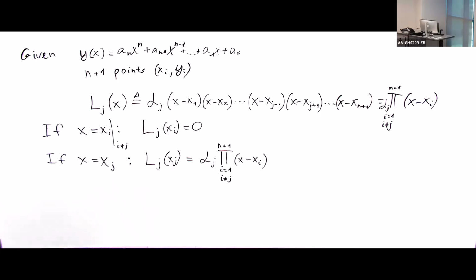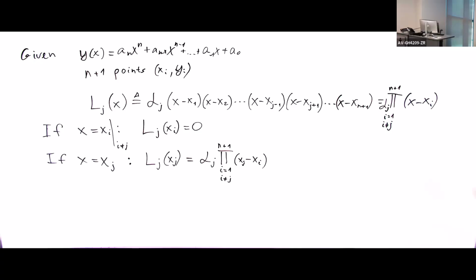I'm replacing x with xj, just copying that formula where x is xj, the value of the polynomial. So we have xj minus xi for all the i not equal to j.